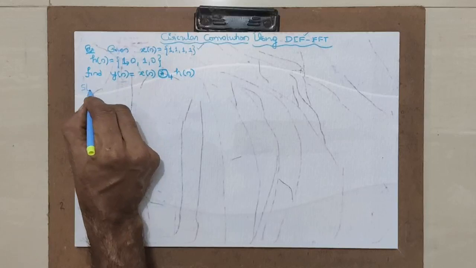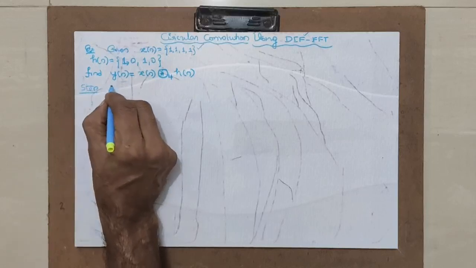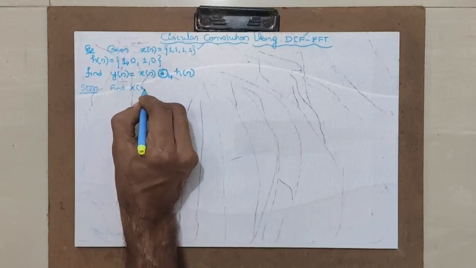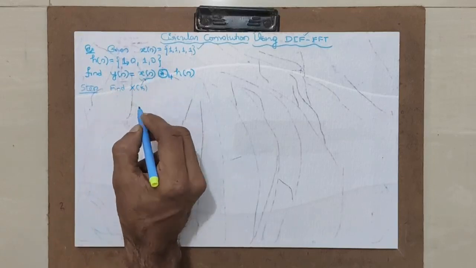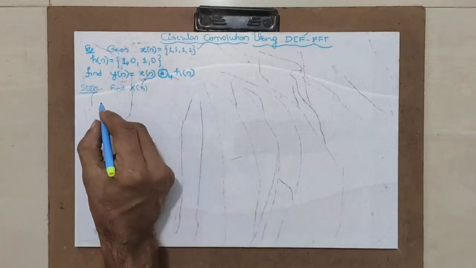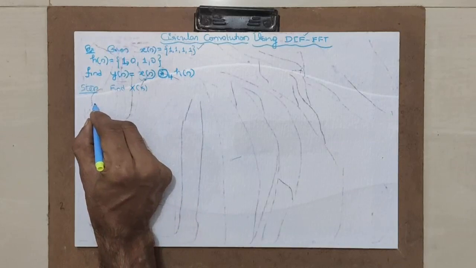Step 1, you know the steps here. Find x of k. That means I have to find for this first signal x of k. I will be using the fast Fourier transformation algorithm, correct? Just 4 lines I have to draw.